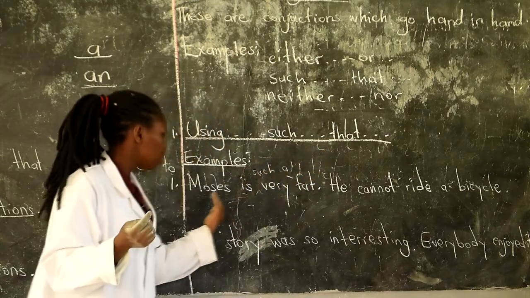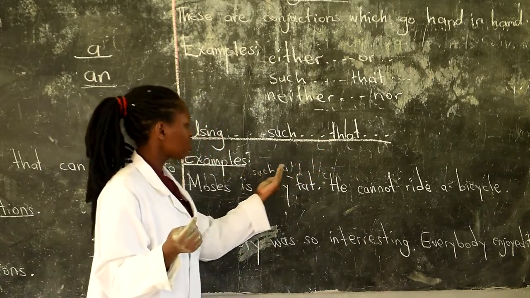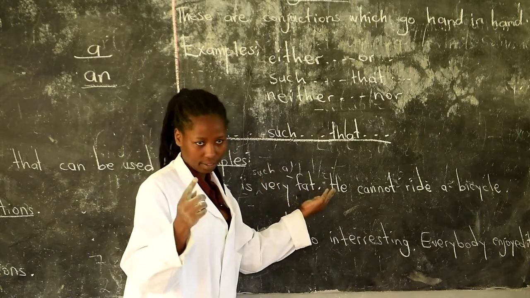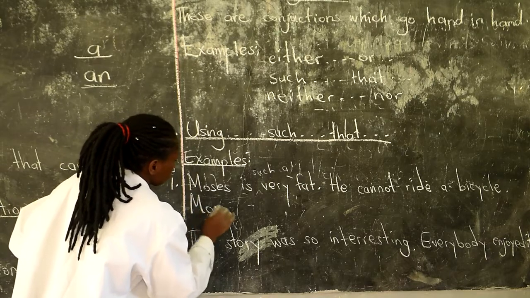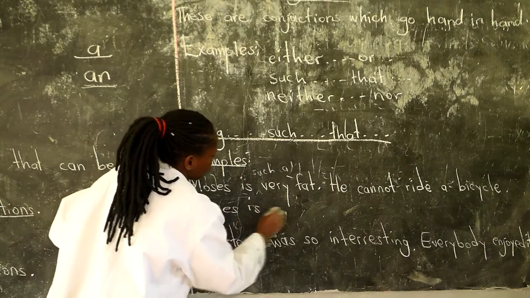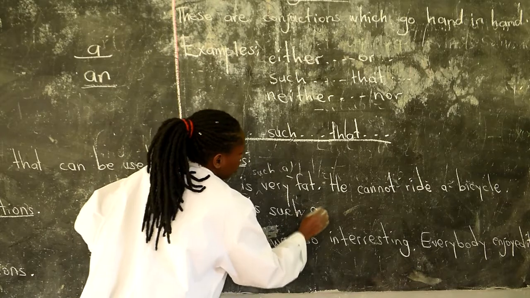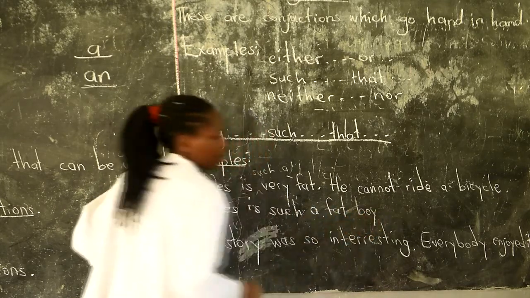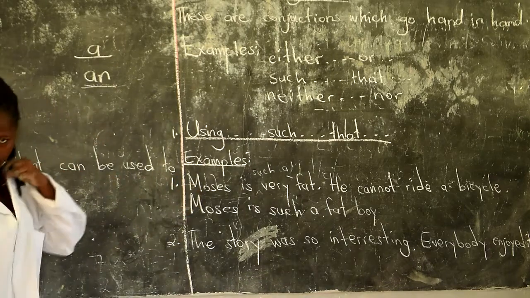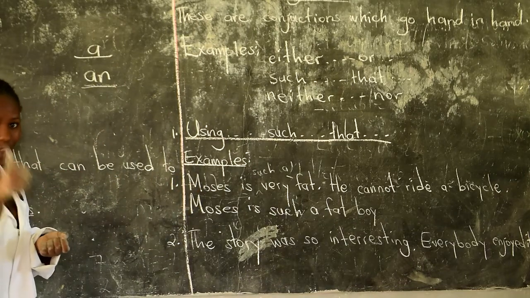Or Moses is such a fat man. Let's first write that one. Moses is such a fat boy. If you put a fat man, it still remains very okay.